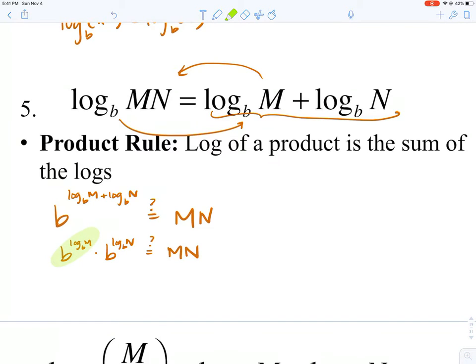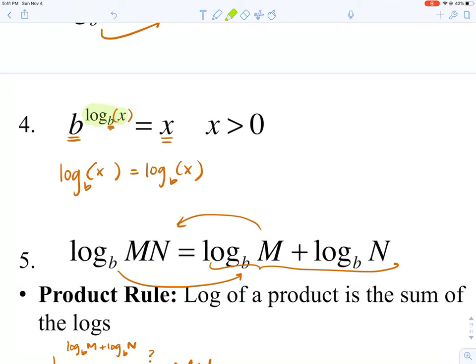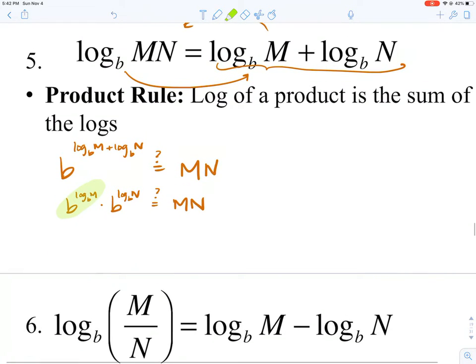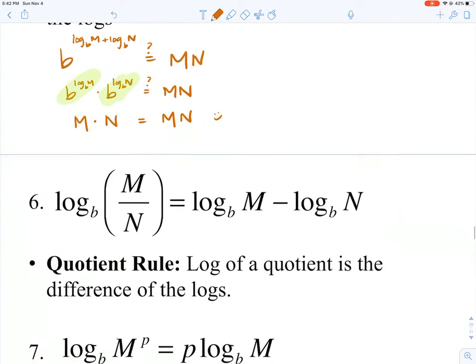Well, by the property above, property number 4 tells us that that's equal to m, and this, again by the property above, would be equal to n. So we show that m times n equals m times n. Yay. Okay, but really you need to memorize that property.